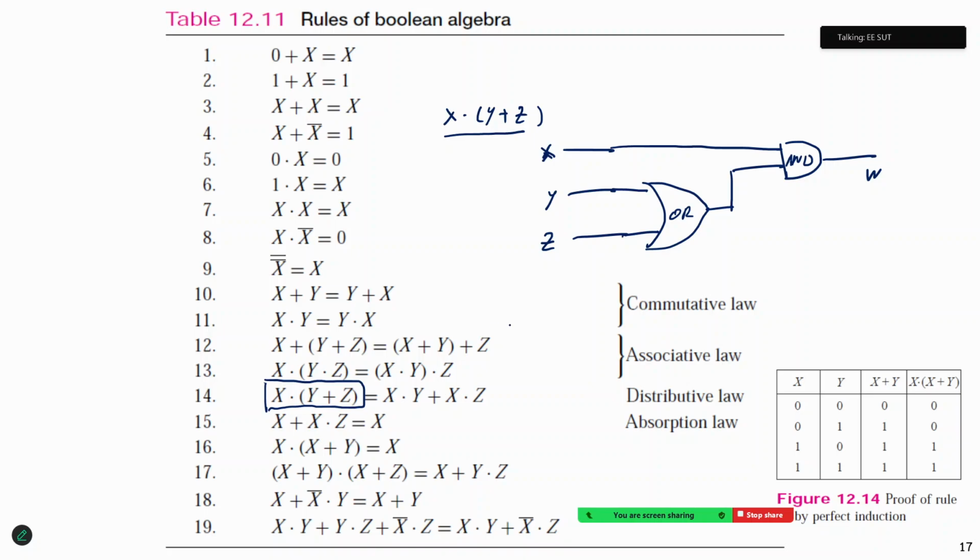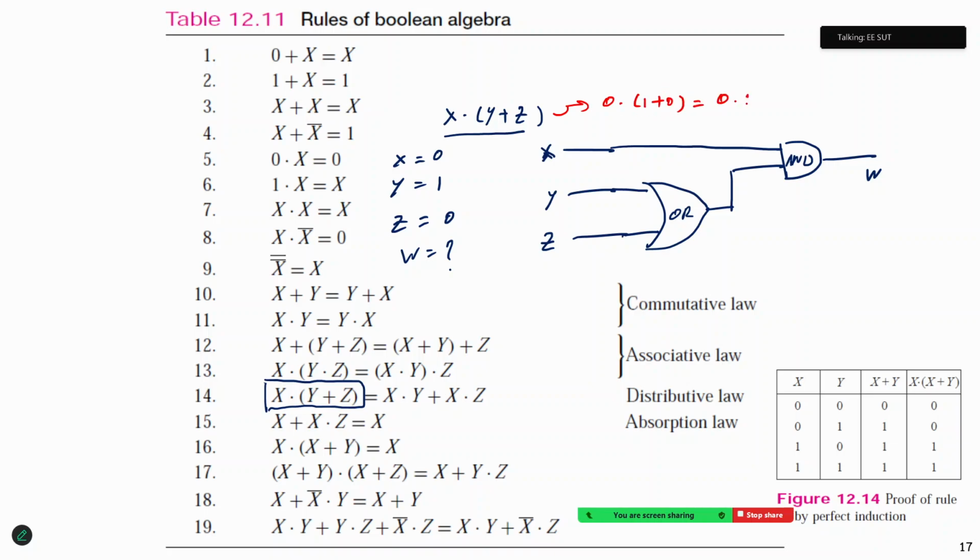So I would like you to solve, if X is 0, Y is 1, C is 0, what is W? Can you solve this? In this case, you can solve from the algebra here. If Y is 1, C is 0, then 1 or 0 is 1. This output is 1, right?